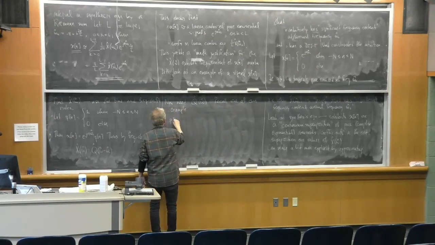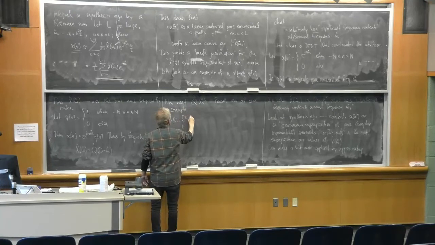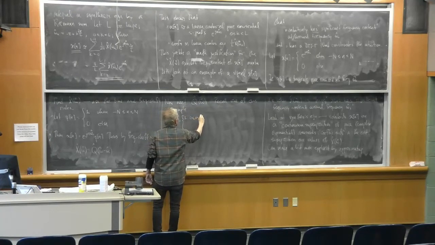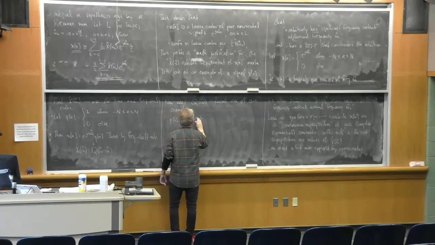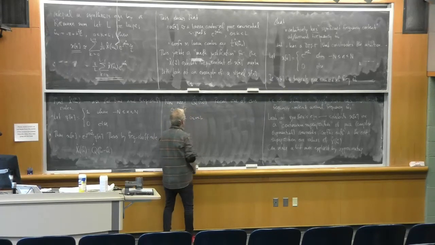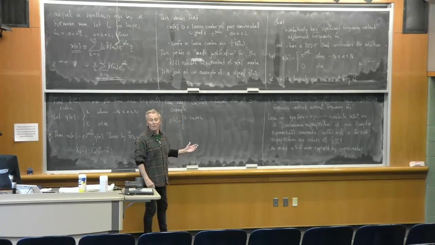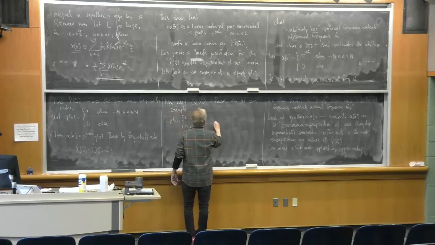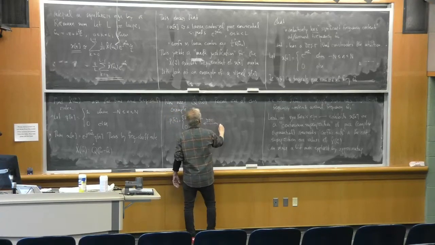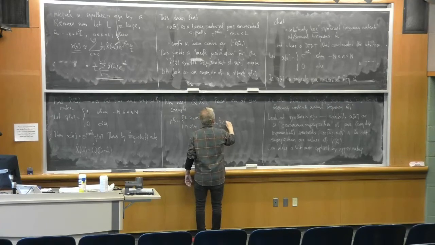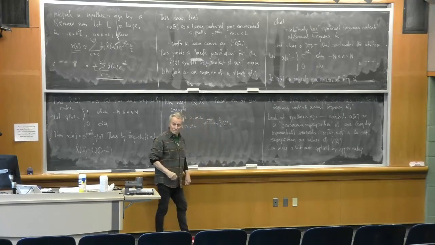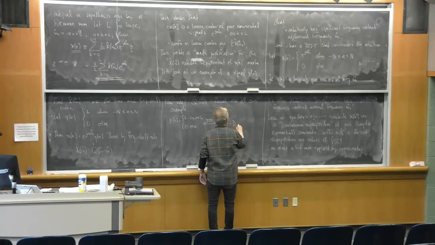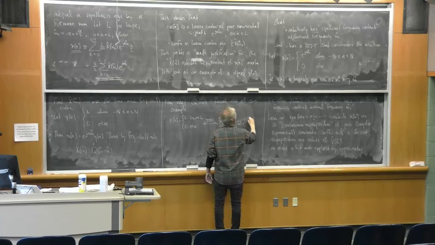If you take the signal p of n, which is 1 for n running from 0 to, say, capital L minus 1, so we did it the Python way, and 0 otherwise, that had DTFT p hat of omega hat equals the Dirichlet thing times e to the minus j (L minus 1) over 2 omega hat.